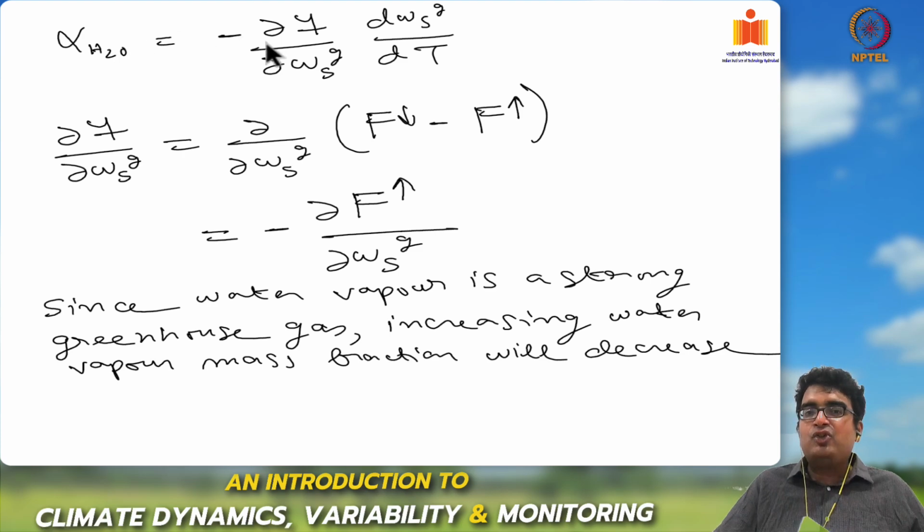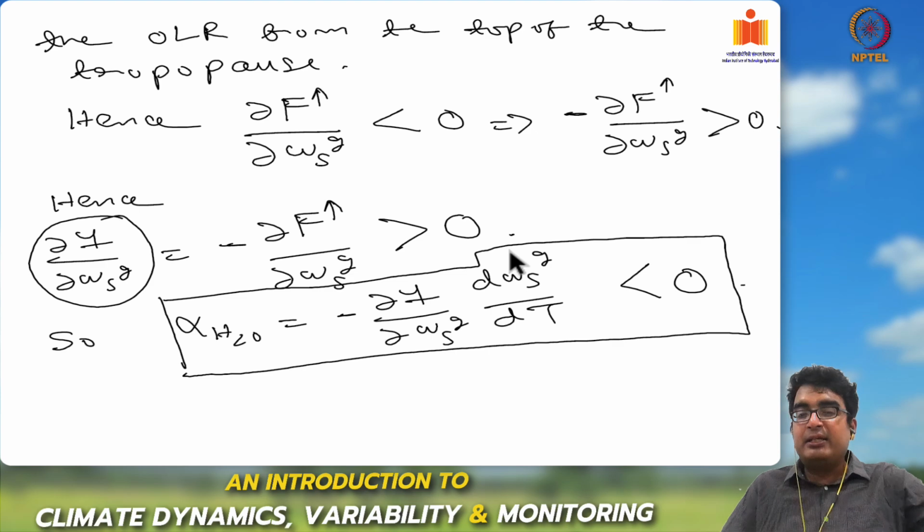So the alpha_H2O is negative. So the water vapor feedback term itself is negative. We will stop here because we are running short on time. In the next class, we will look at what this means to the total climate feedback, that the water vapor feedback term is negative, less than 0.